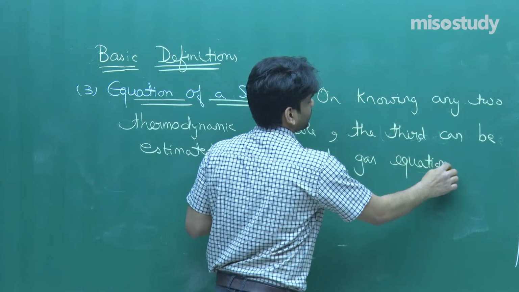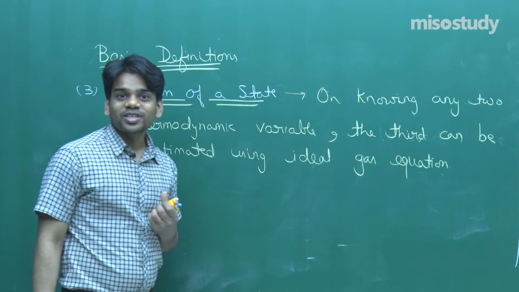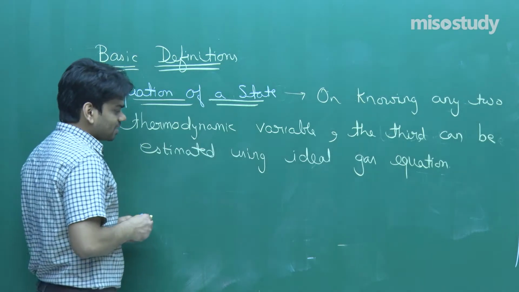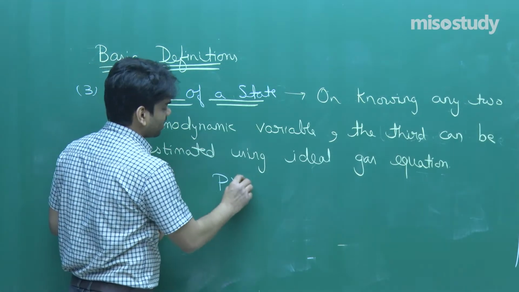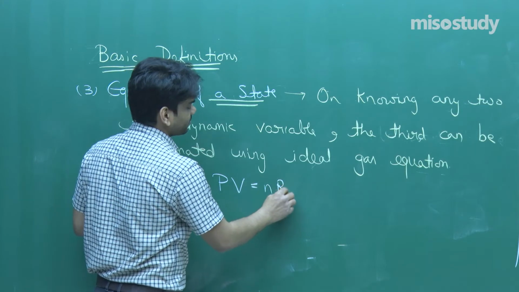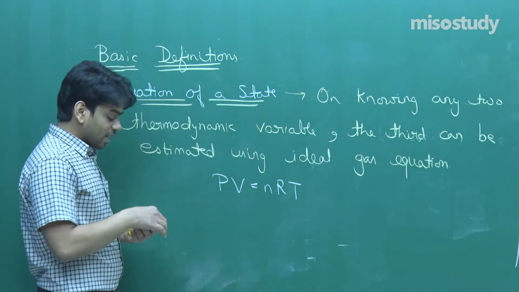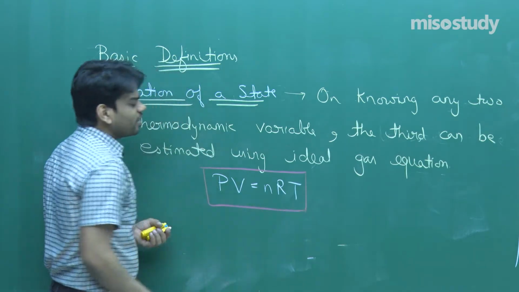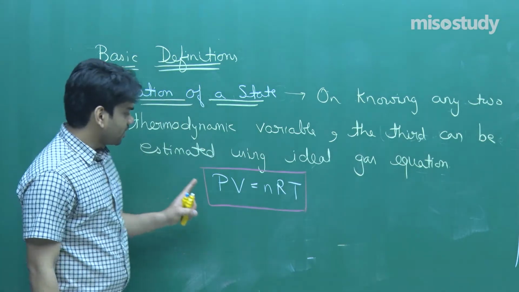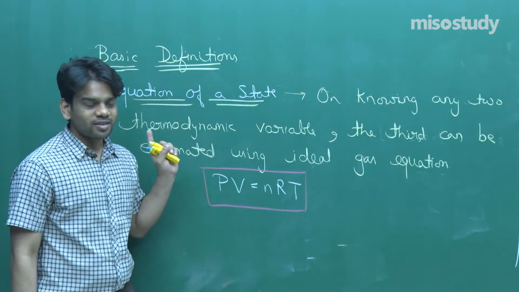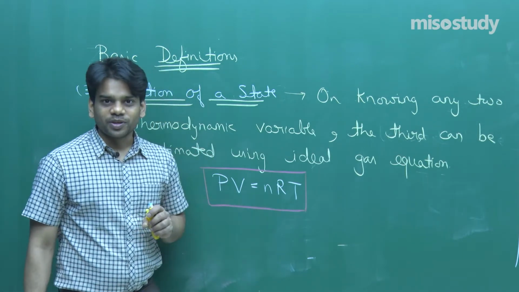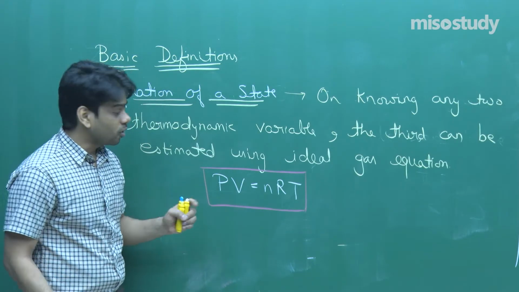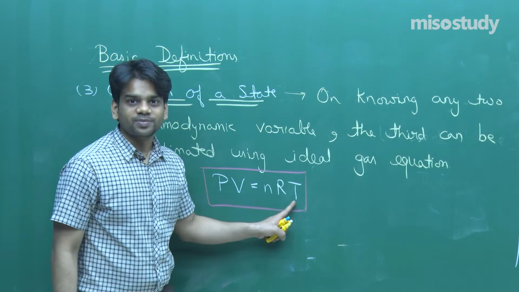Using the ideal gas equation. Now, what is the ideal gas equation? I hope you are aware of it, and it's quite simple: PV = nRT. Very simple to use. If the number of moles is fixed and the gas constant R is fixed, and you know the pressure and volume, you can easily compute the temperature.